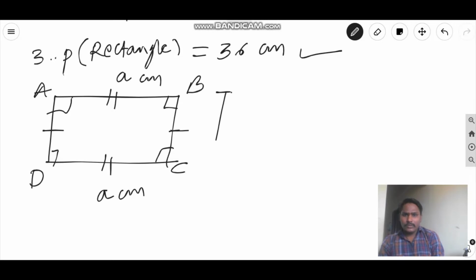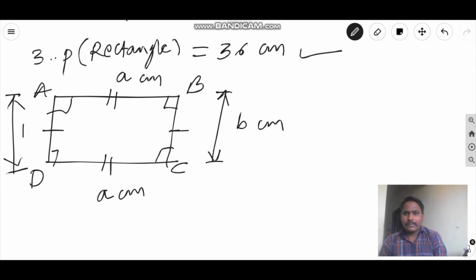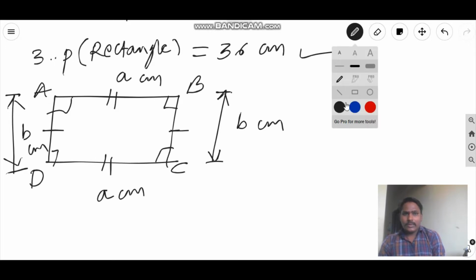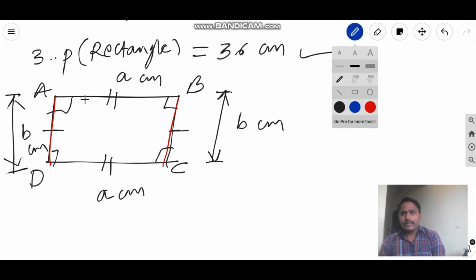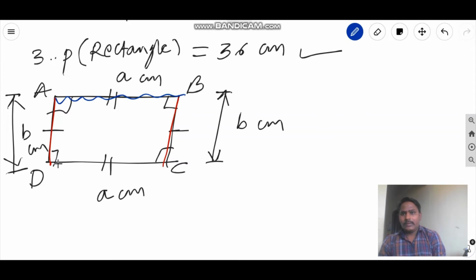Now suppose this length is b centimeters, where a and b are some numbers; we don't know them, that is why we are expressing them this way. So this side will also be b centimeters. AD will be equal to BC, and similarly AB will be equal to DC; we had taken them as a centimeters, and here it is b centimeters.